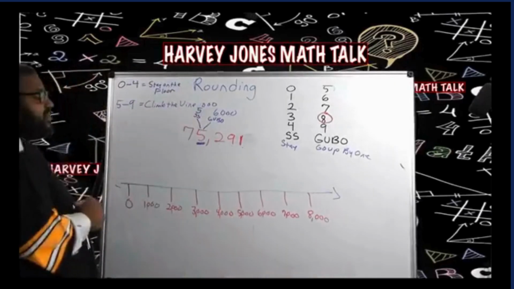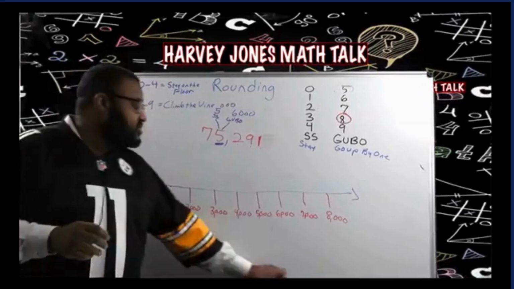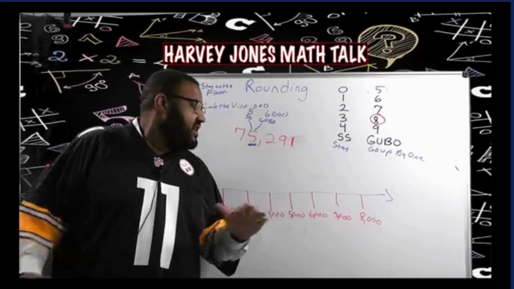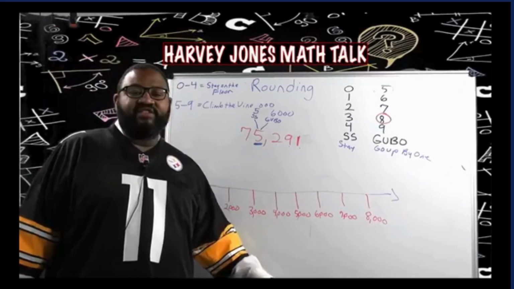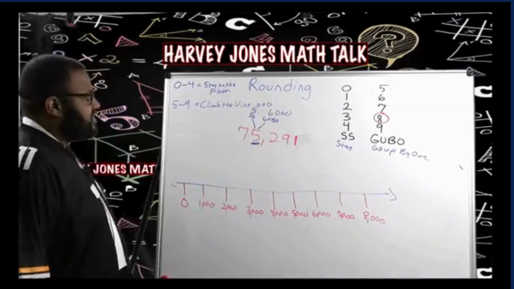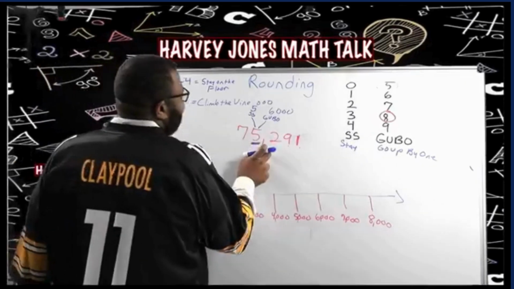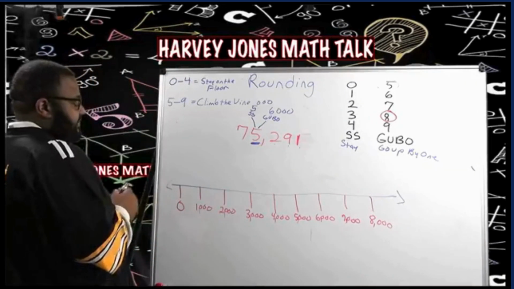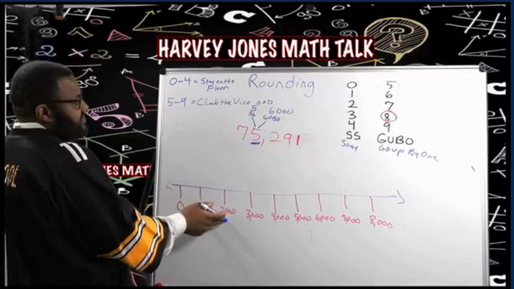All it is is a number line. Even though round 2 only showed us and stopped at the tens place, all we're doing is continuing the number line. I showed you the 10, showed you the 100, and now we're looking at our 1,000. So the question is, 5,291, between which thousands is it going to fit? 1,000 and 2,000?